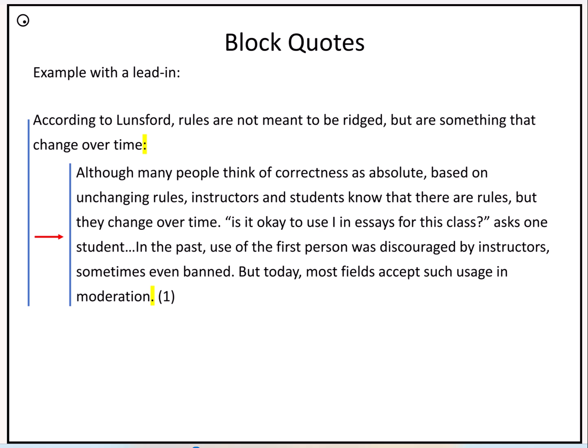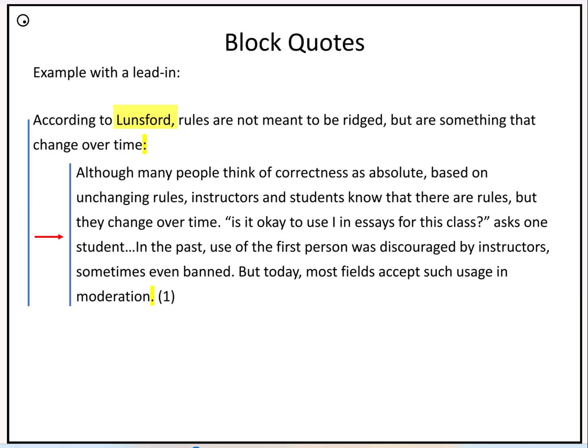So here's an example of a block quote with a lead-in. According to Lunsford, so we've cited our name, rules are not meant to be rigid, but are something that change over time. And notice that instead of a comma, we have a colon, and then we have our block quote. So we've indented the quote, we've brought it in, and then the quote continues, and then the period.